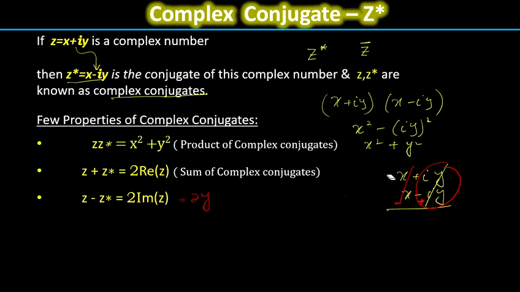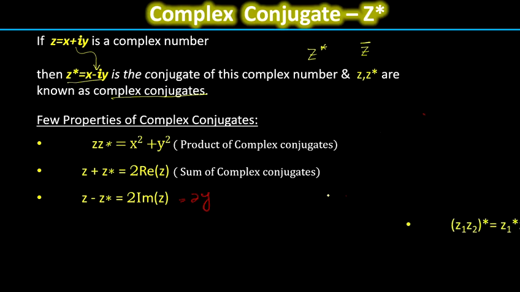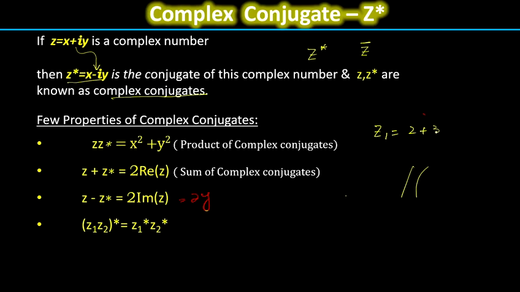Clear? Similarly, students, if you have to multiply two complex numbers and then find the conjugate of that product, then you can separately multiply the conjugates of the same. I'm leaving this for you. For example, I'm just writing an example here to check your understanding. Suppose I have a complex number this and a complex number, suppose this.